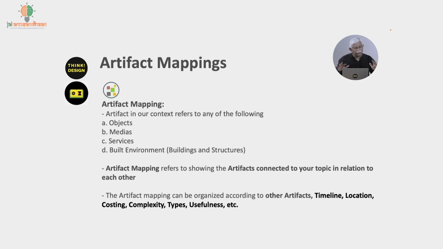And you can do it according to timeline, location, costing, complexity, types, usefulness, etc. The factors could be many, so you can choose any one of these and do it. It's not that confusing. It's actually very simple to do. Basically it means that you're taking the artifacts connected with your topic and mapping them in relation to each other.